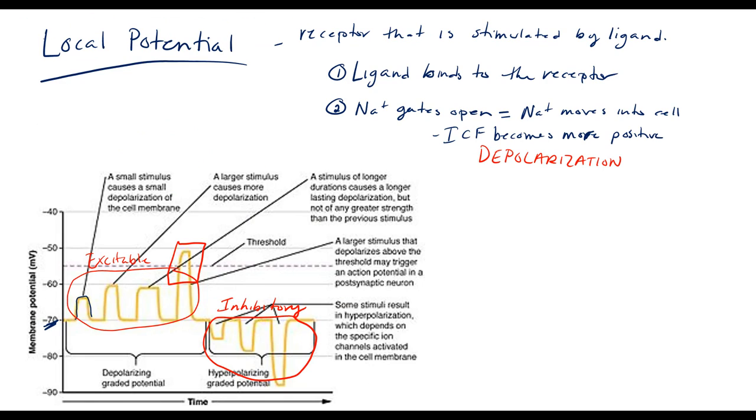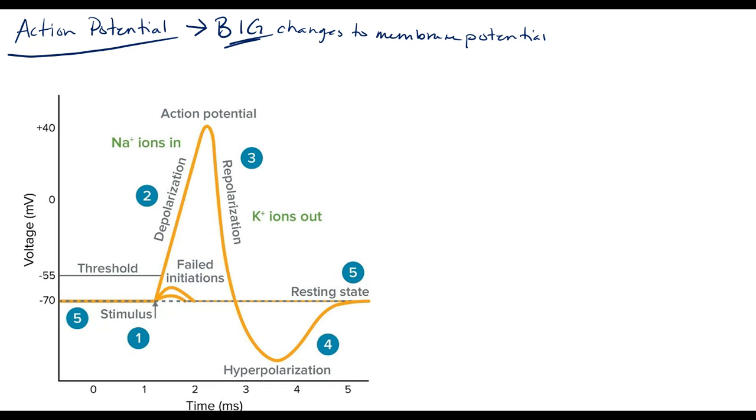And if I go back to the local potential, this is really going to be small changes to the membrane potential. Now we're talking about big changes to that membrane potential. It occurs when there's a high enough concentration of voltage-gated ion channels in an area of a neuron. If a stimulus occurs in an area or in a cell that does not have a high concentration of those voltage-gated channels, it's only going to cause a local potential.